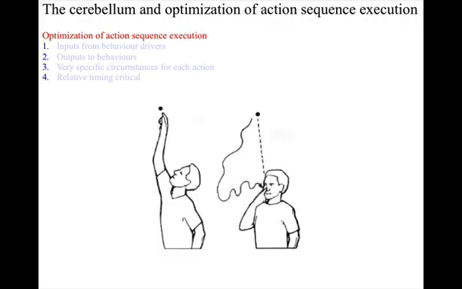The identification of the cerebellum as this action sequence manager in the brain begins with the observation that it operates in parallel with the basal ganglia thalamus route. And the other key observation is that damage to the cerebellum results in the kind of deficits we'd expect to see with damage to a sequence manager.